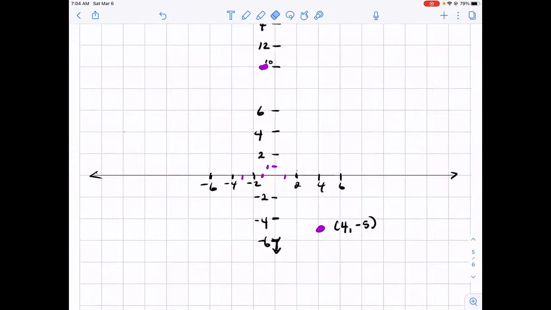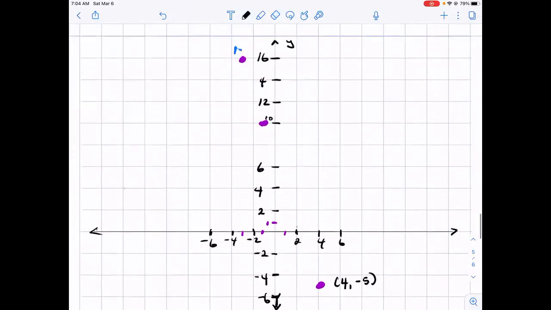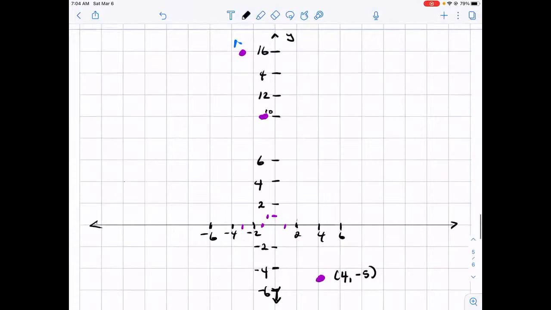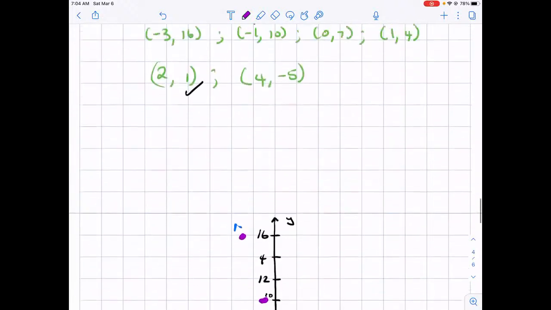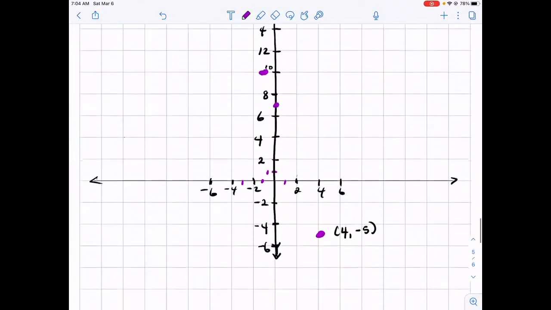This point here should have been 0, 7, which I messed up. This is 8. 7 would be somewhere here. Okay. 0, 7 and 1, 4 would be here.